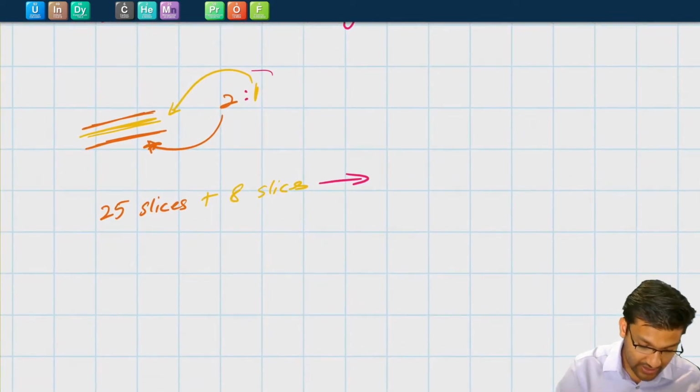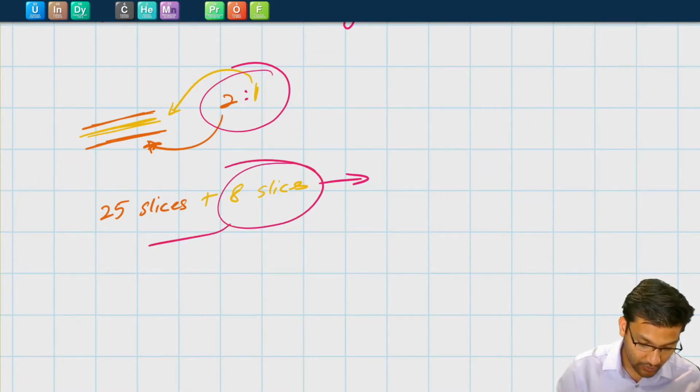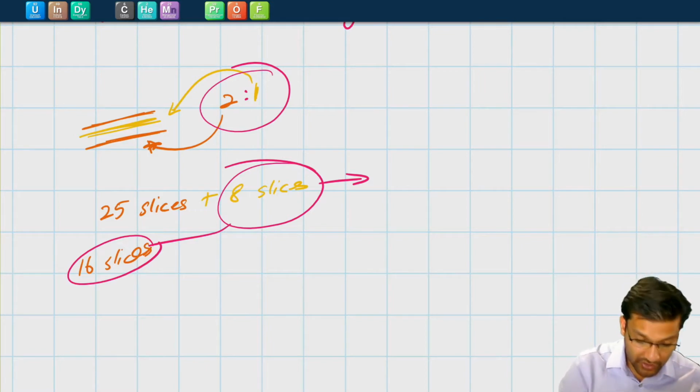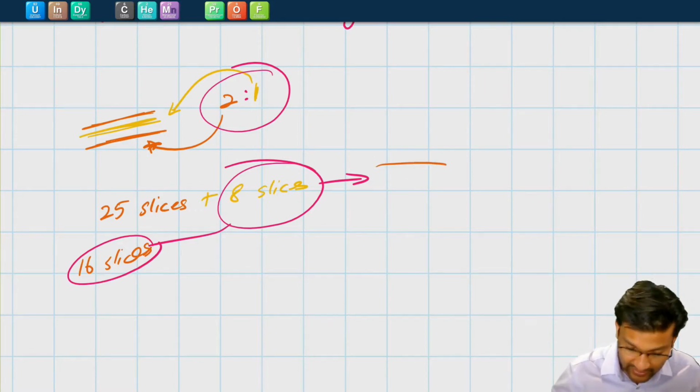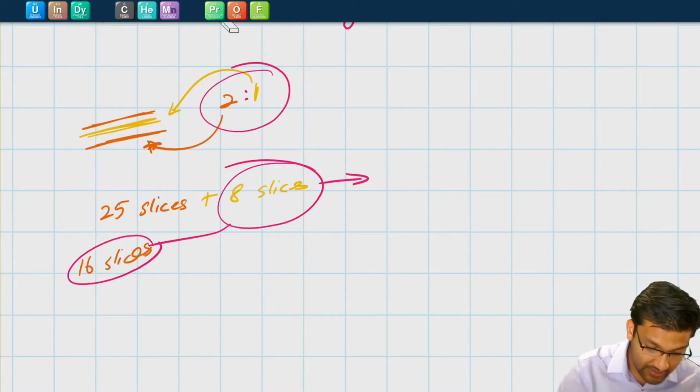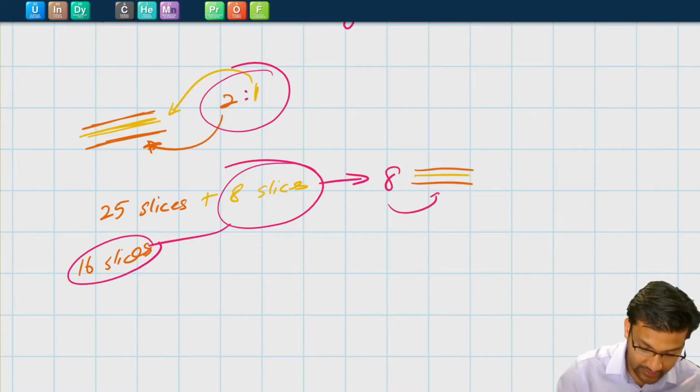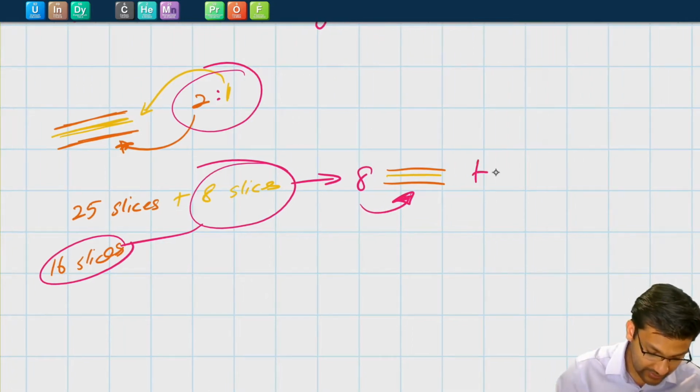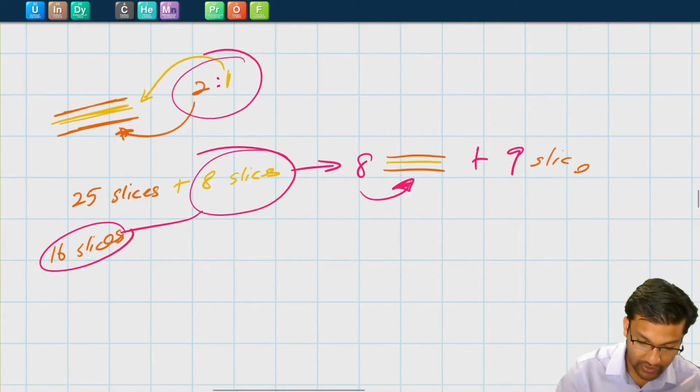The ratio is 2 to 1, but once you've used up your 8 slices of cheese with 16 slices of bread, you've used up all of your cheese, so it doesn't matter that you have extra bread lying around. You can't make any more sandwiches. So you'll end up with 8 sandwiches, and an extra 9 slices of bread, since 25 minus 16 is 9, that don't get used up.